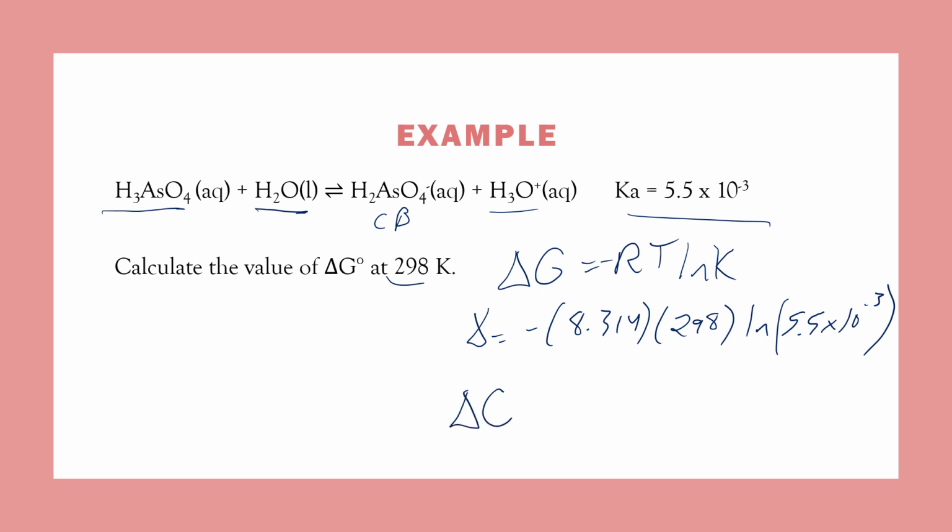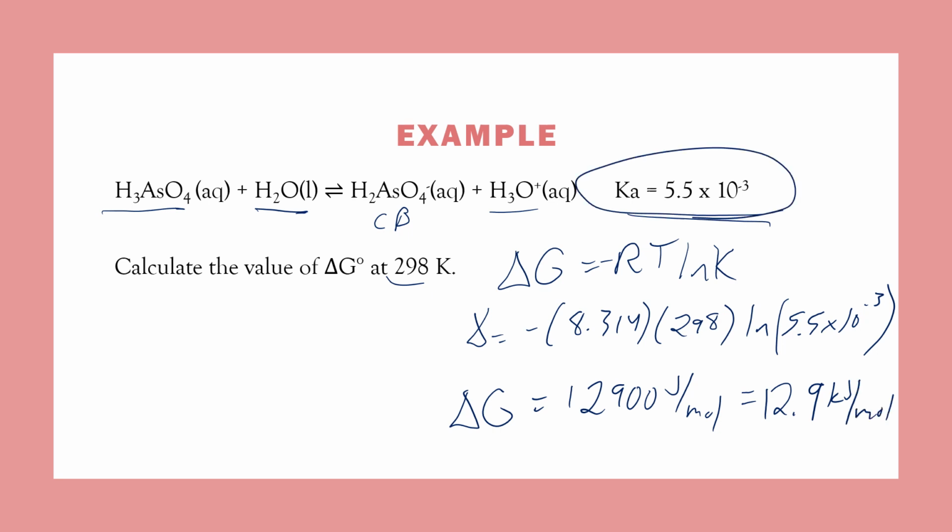And so our delta G, when we solve that, is 12,900 joules per mole, or 12.9 kilojoules per mole. Now notice K is less than 1, so delta G is positive, which means it is not thermodynamically favorable at that temperature.